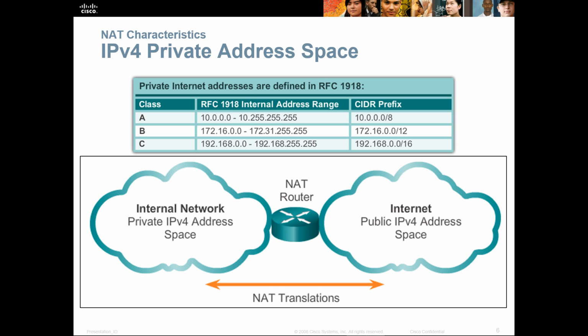Now remember, our private addresses as defined by RFC 1918 are anything between 10.0.0.0 through 10.255.255.255, or if we have a class B, 172.16 through any 172.31 network, or class C, 192.168 through 192.168.255.255. So those are our private addresses.